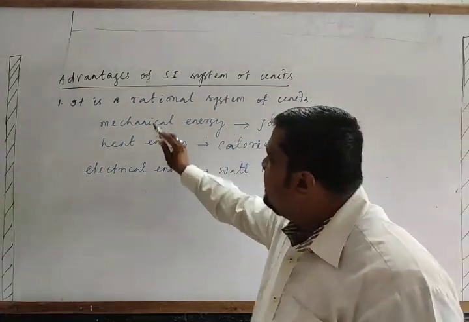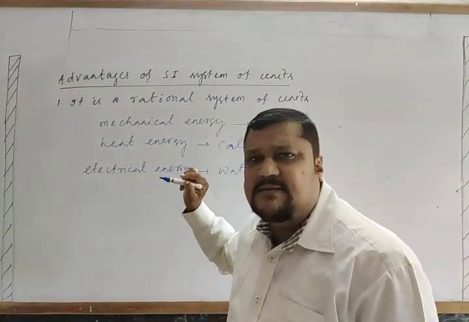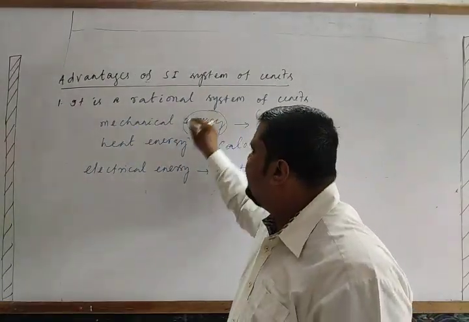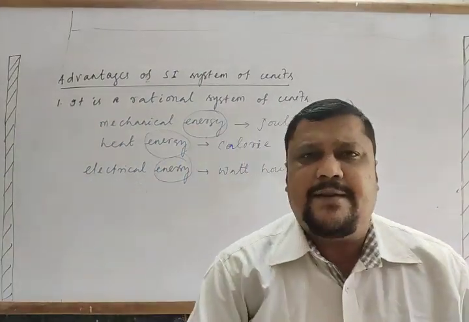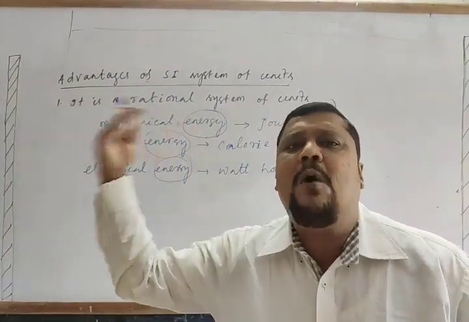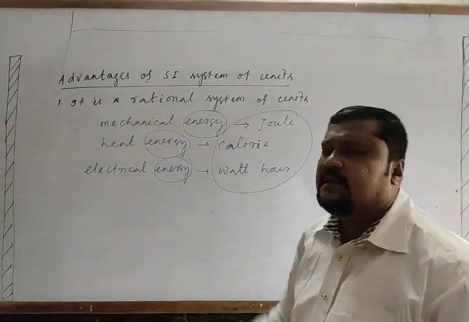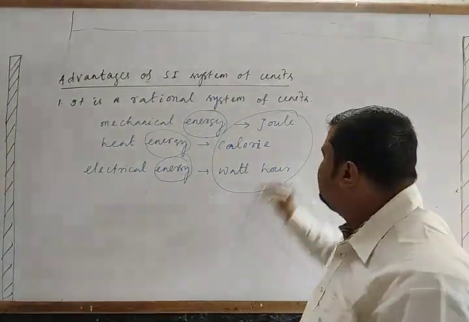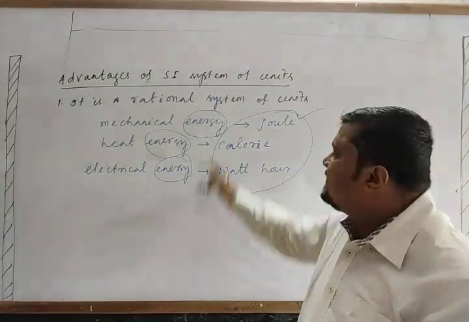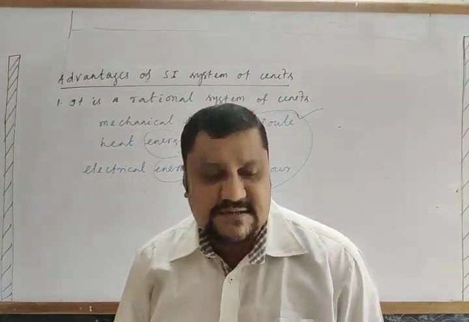So mechanical, heat and electrical are forms of energy, but energy is one physical quantity. For different forms, we will not use different types of units. The SI system uses one unit for energy, that is the joule. That's why it is called a rational system of units.